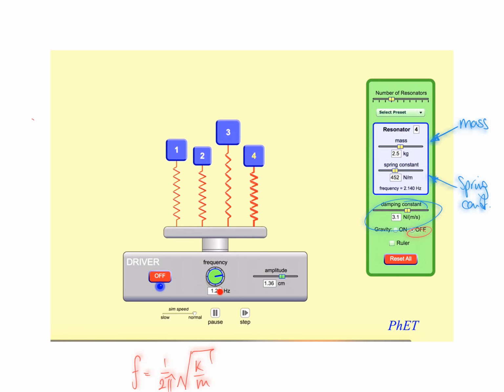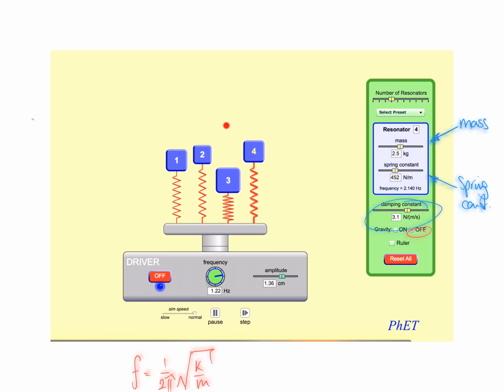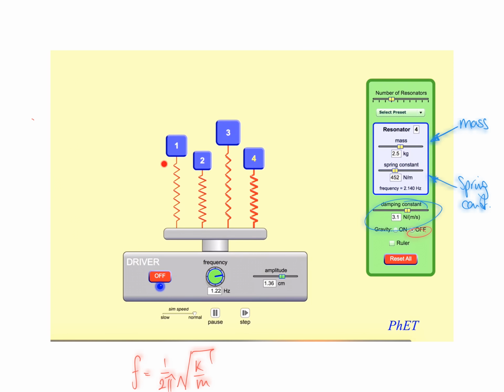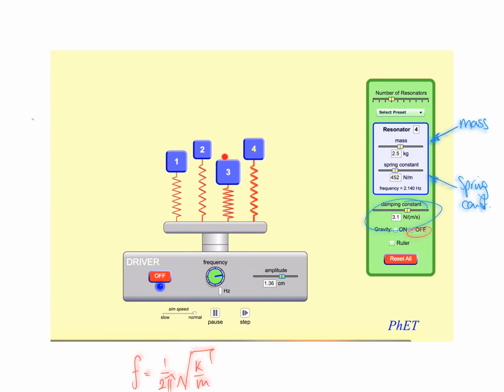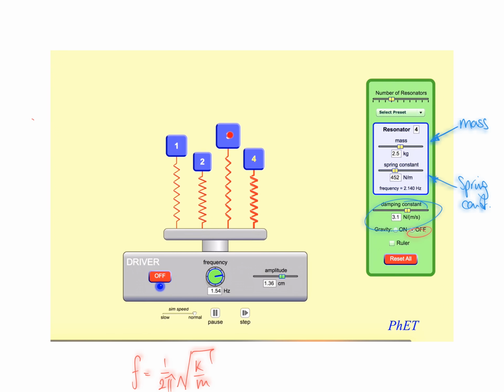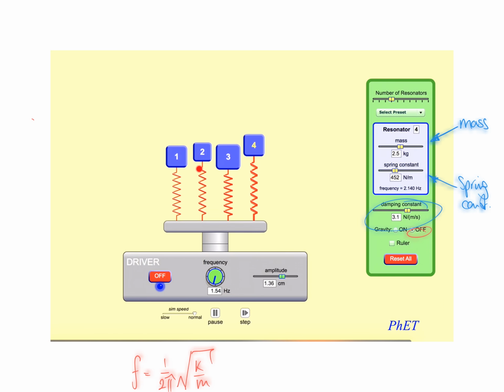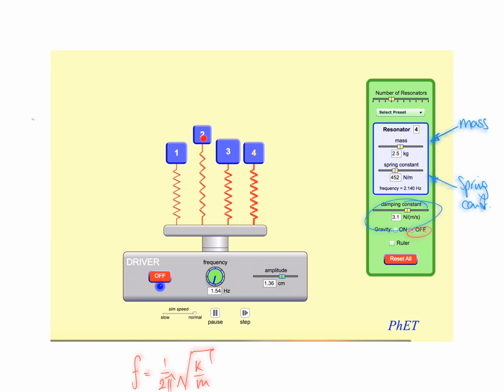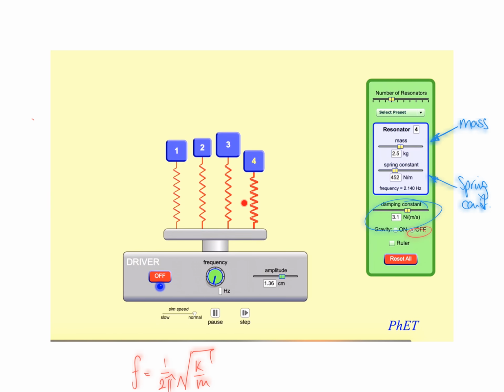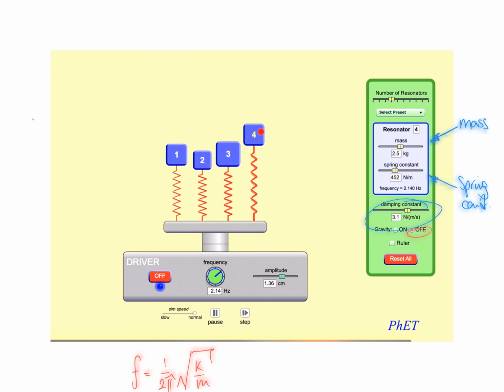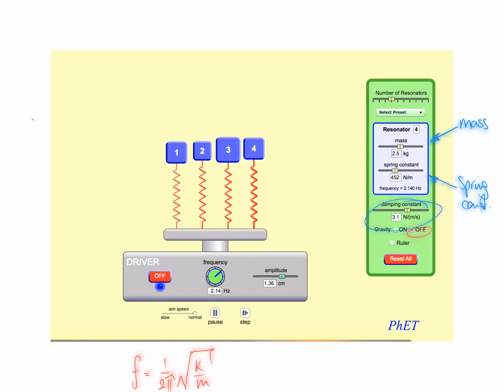When I move it to 1.22 hertz, now I've got a large amplitude in number 3, not so much in number 1. All of them moving slightly, but we've got a large amplitude. When I move it to 1.54, I've now got the biggest amplitude in number 2. And finally, when I turn it to 2.14, suddenly I've got a large amplitude in number 4 and not the others.